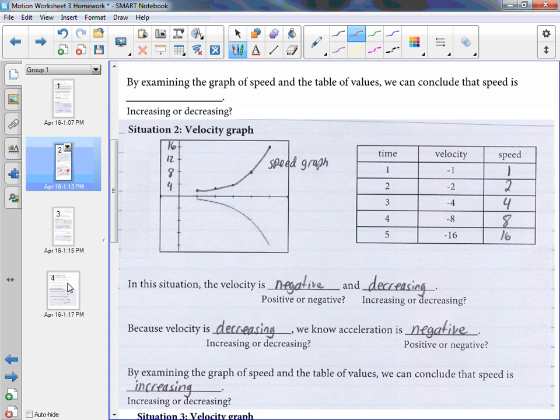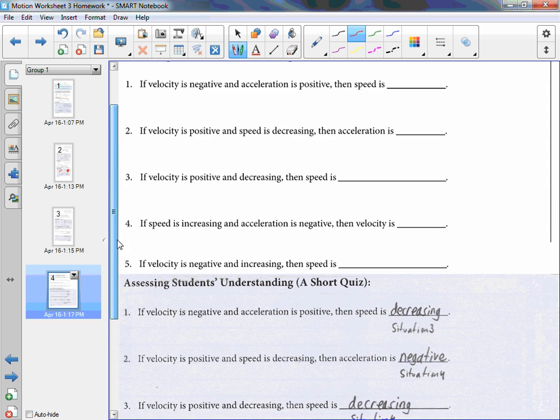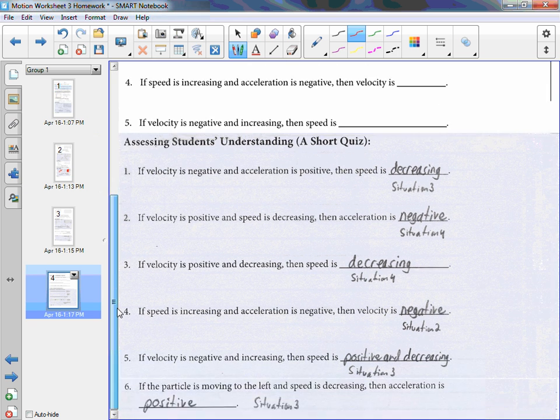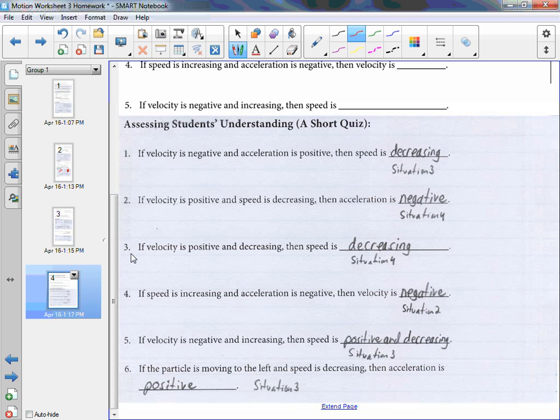Yeah, I guess they could have. I expect everybody to put one thing in the blank instead of two. So if you put one thing in the blank that's correct, we're fine. Okay? Does that help for worksheet 3?